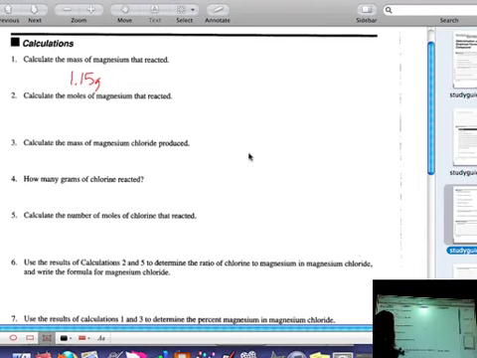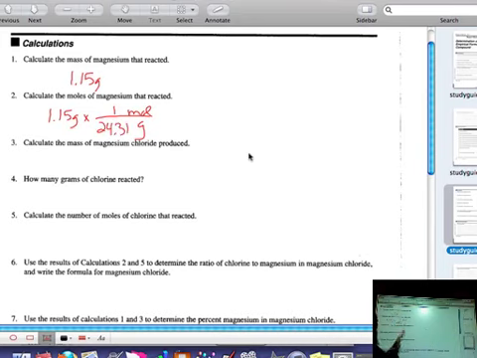Anyway, so that's my mass of magnesium. So I want to know the moles of magnesium that reacted in my sample. Okay, so my sample is 1.15 grams. I've got to look at it in terms of a mole ratio, which I asked myself how many grams are in one whole mole of magnesium, which we just looked at was 24.31.